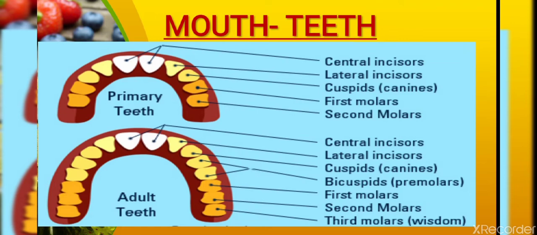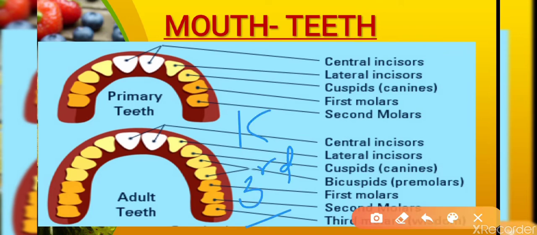First molar, second molar and third molar. But if you are touching your teeth, you will find that you have only two molars, first and second. The third molar will develop at the age of 18 to 21.